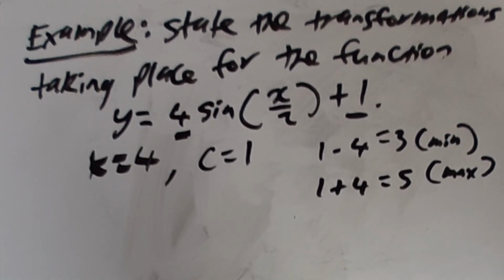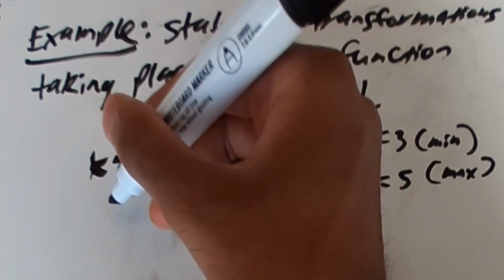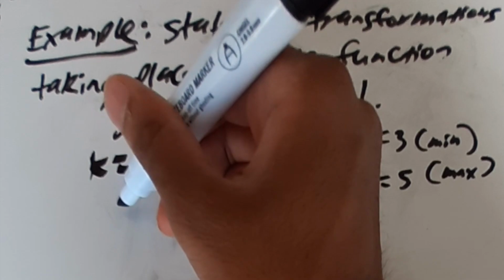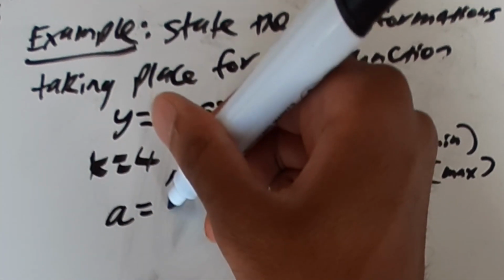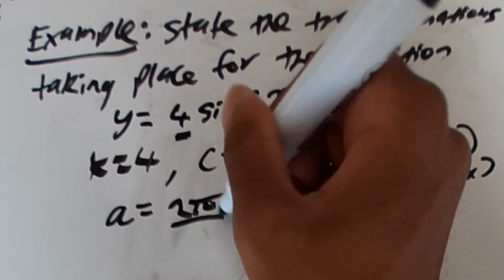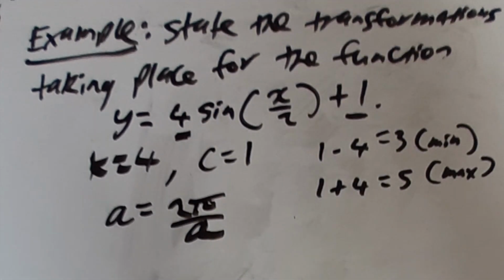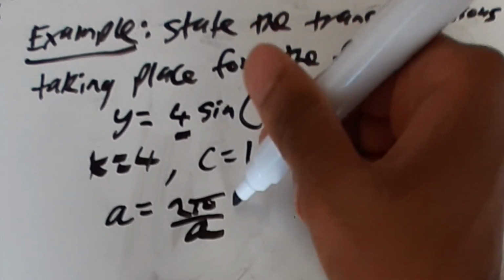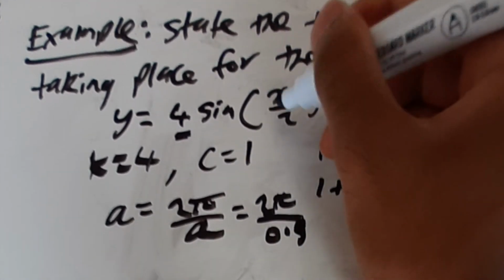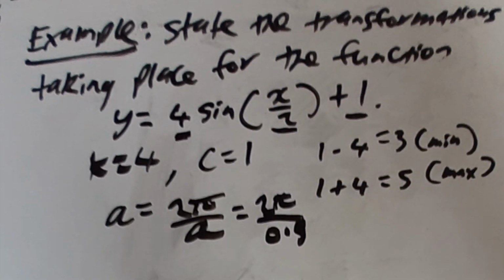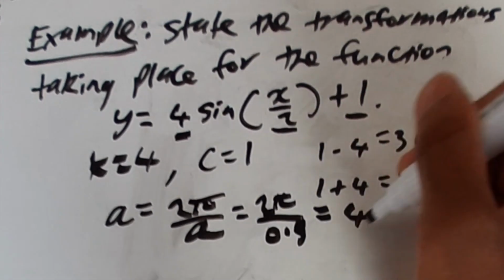Since this function is a sine function, we can also recognize its period can be found as 2 pi on a, which means our horizontal dilation represented by a can be given as 2 pi on a. Therefore, this results in 2 pi on 0.5 because our a value for this function is 0.5. Therefore, the period is 4 pi.